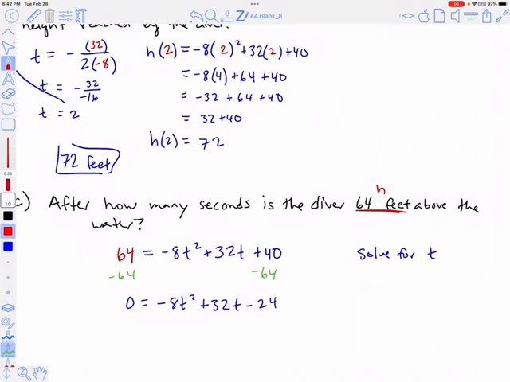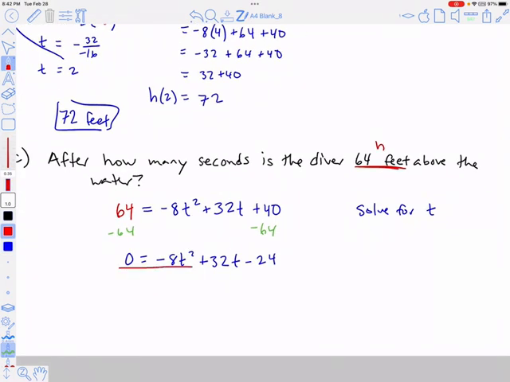I want to divide by negative 8, the biggest thing I can so that my numbers get smaller. And then I can factor again. And if I couldn't factor, I could always do the quadratic formula, but I'm always going to try to factor. And so what am I going to get here? I'm running out of room, so I'm just going to go ahead and say 3 and 1.